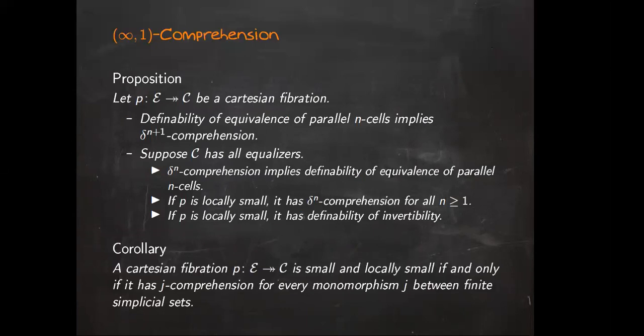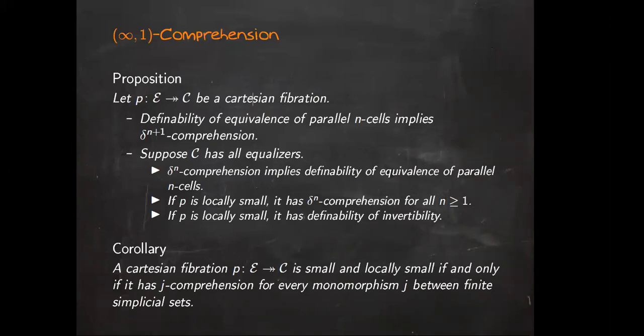So what we can infer from this is that a fibration is small and locally small if and only if it has J comprehension for all monomorphisms between finite simplicial sets. The reason is, of course, one direction is obvious, because smallness is the mono from the empty set to the terminal object, and local smallness is the boundary inclusion.